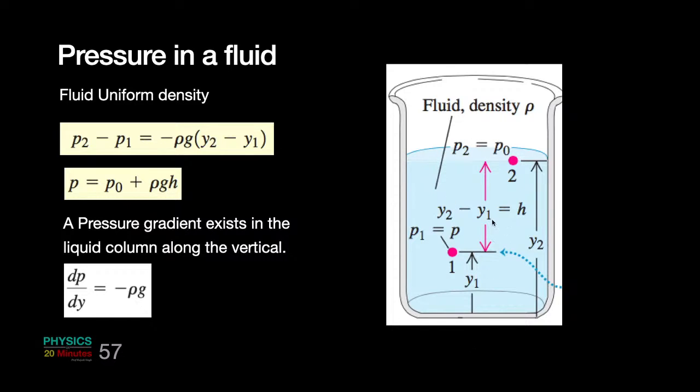Now, if the beaker and the flask is accelerated horizontally, say towards the right, then there will be a pseudo acceleration working on each particle towards the left, and that will create a pressure gradient along the horizontal. So if the beaker is kept in a moving vehicle which is accelerated in one direction, then in that case you will get a pressure gradient along the horizontal axis as well.